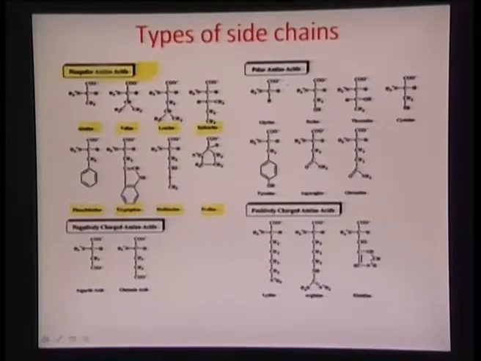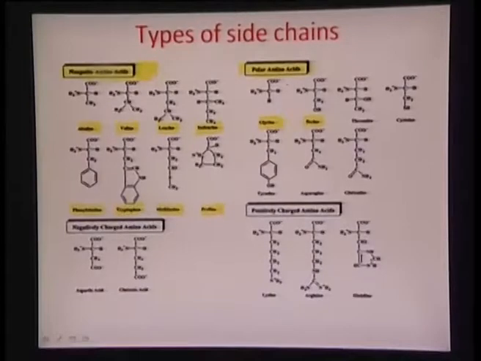Then you can also categorize the R group into polar amino acids, where this R has a slight shifting of the positive and negative charge centers, although the overall molecule is neutral. Just as it happens in water, there is slightly more electronegativity in one center of the molecule, and there is a charge separation; here also there is a charge separation within the same molecule.